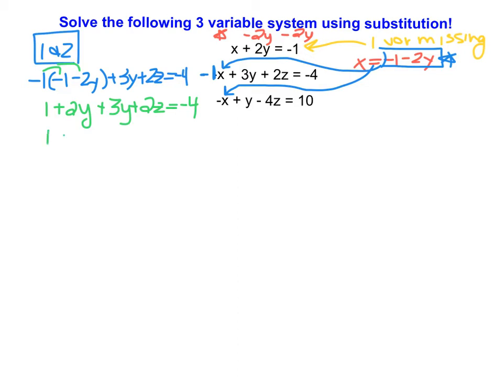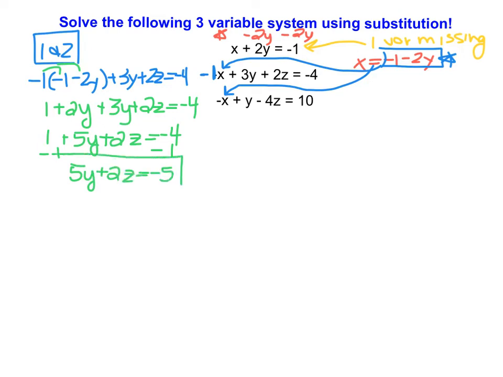So here I see 1 plus 5y plus 2z is equal to negative 4. And then I'm going to subtract that 1 over. So I have 5y plus 2z is equal to negative 5. So I've taken what x was equal to, substituted it into equation 2, and found a new two-variable equation.